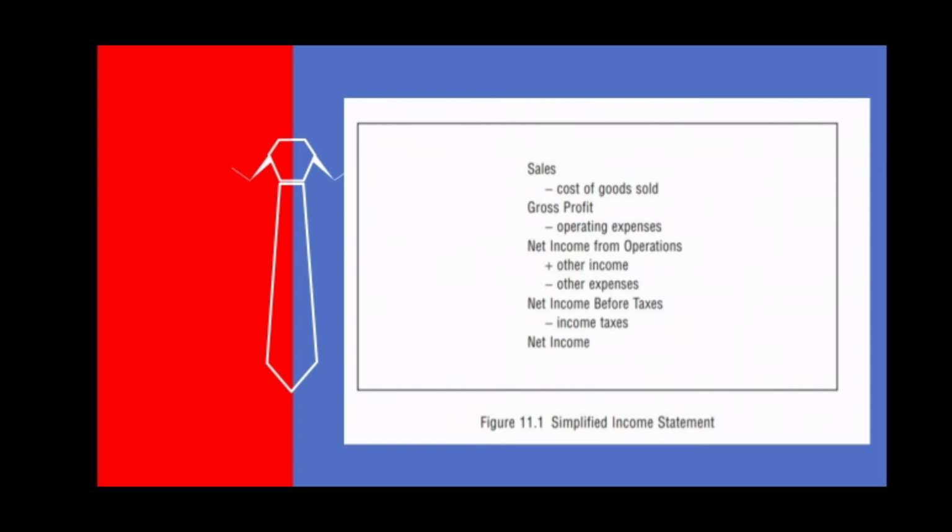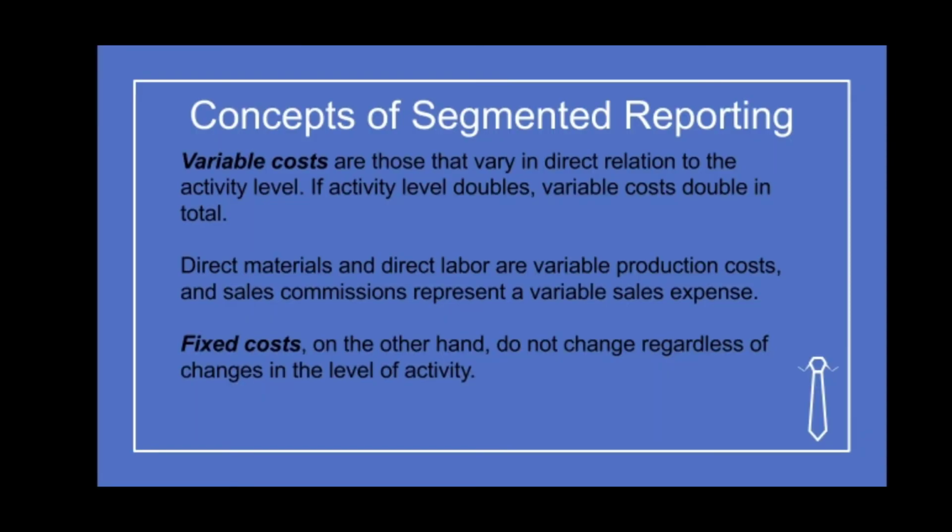Net income is the result of all costs, including interest expense for outstanding debt, taxes, and any one-off items, such as the sale of an asset or division. It is important because it shows a company's profit for the period when taking into account all aspects of the business. Next is concepts of segmented reporting.